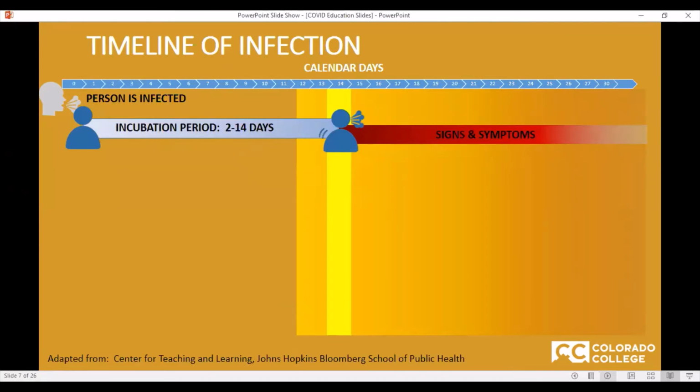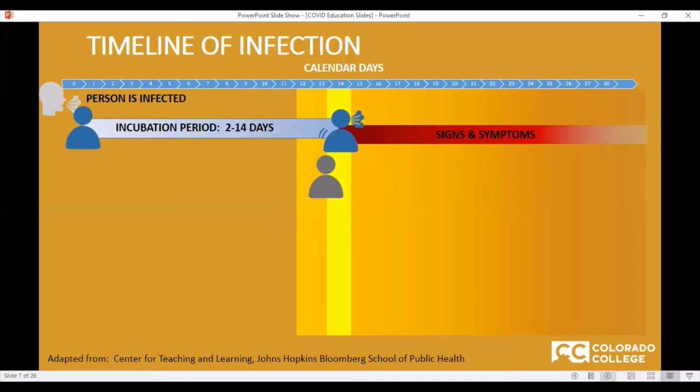If our blue patient is in close contact with another person during their infectious period, they can spread the illness to that person. Let's say that on day 13, before blue person's symptoms emerge, our blue patient spends time with our purple person. Because blue person became infectious 2 days before symptoms showed up, they exposed purple to COVID-19.